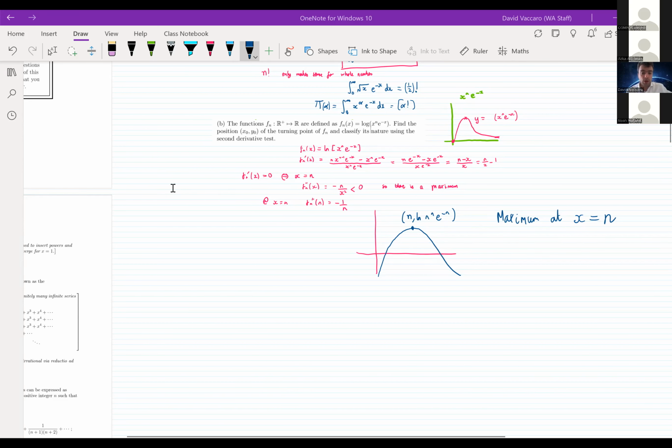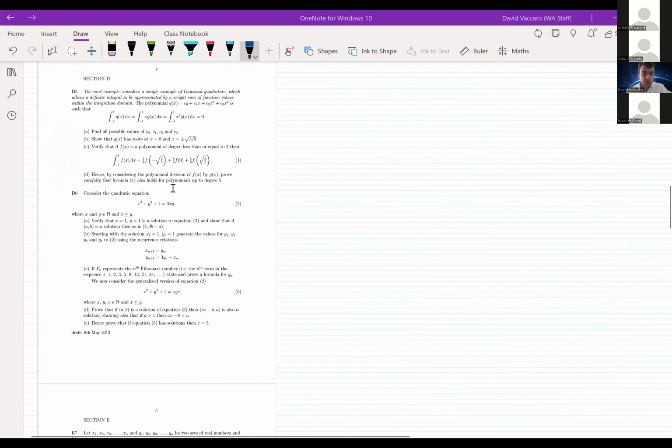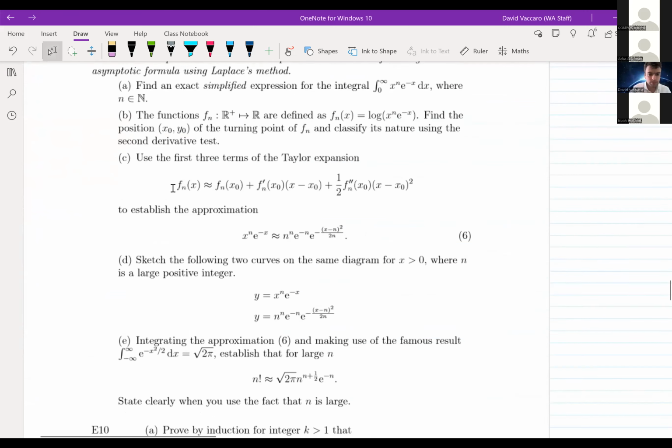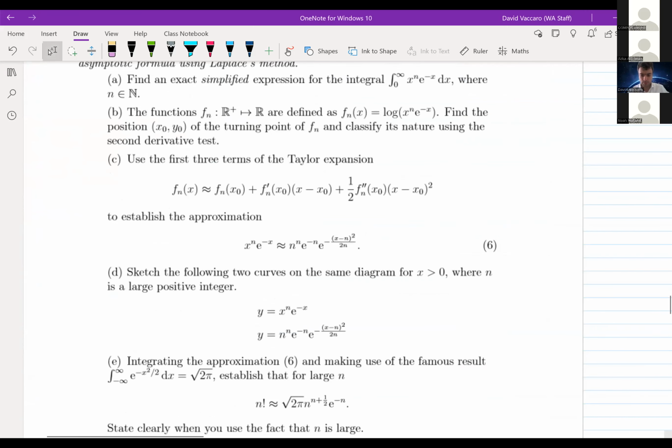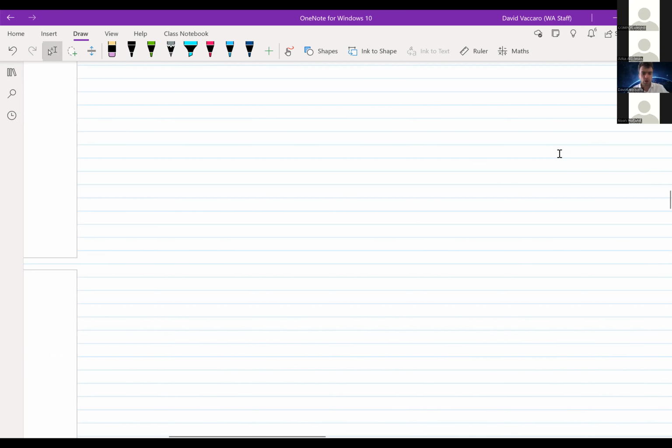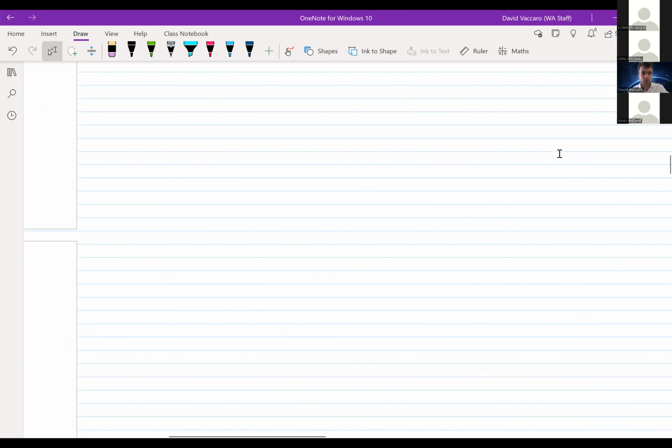Okay, let's look at what the question invites us to do next. So it invites us to find the Taylor approximation of that function close to the maximum.